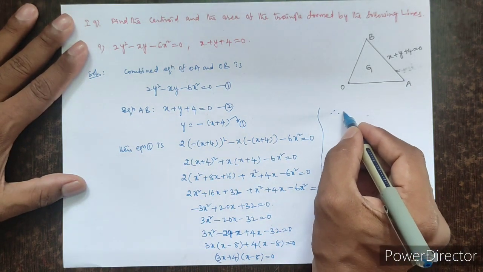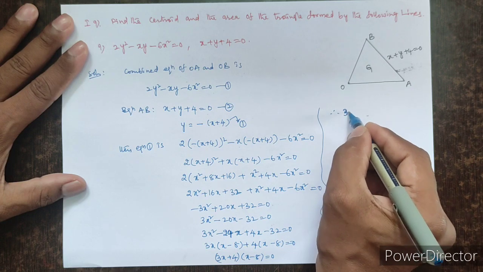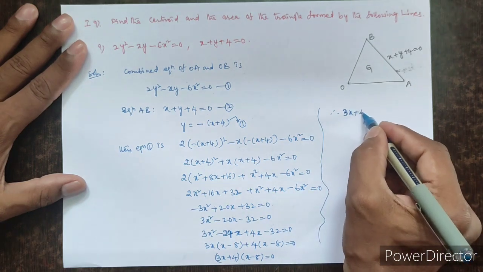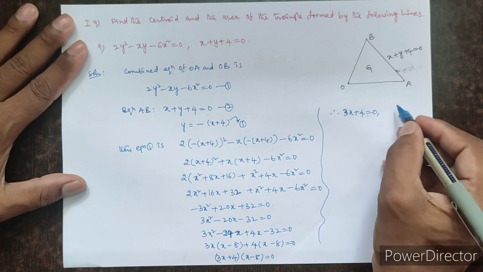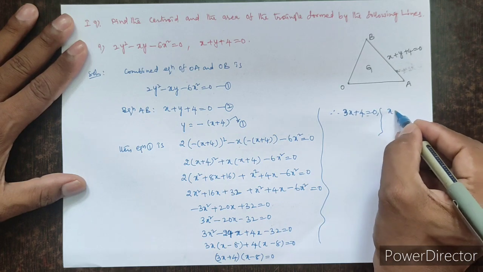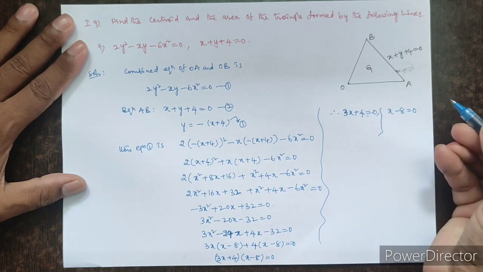Therefore 3x plus 4 equal to 0 and x minus 8 equal to 0.